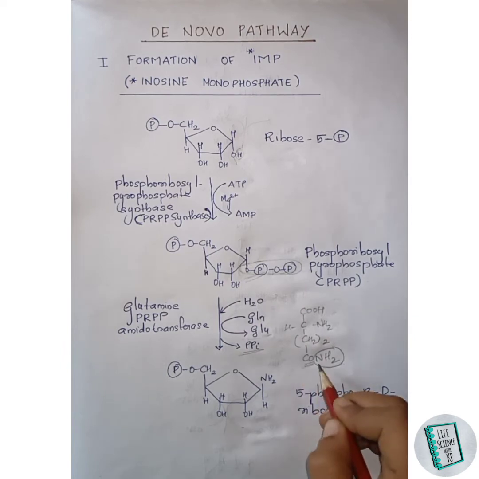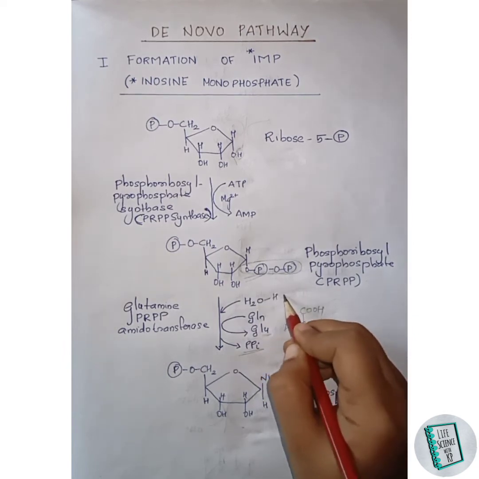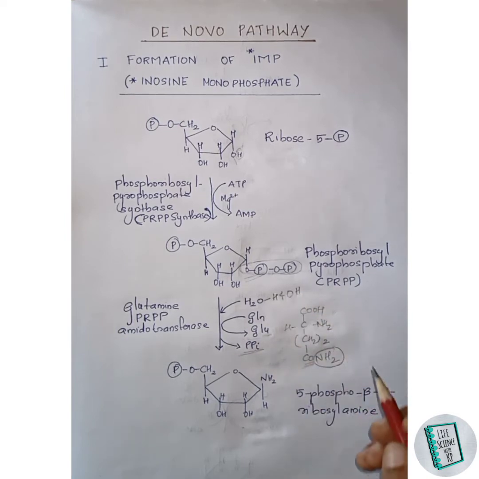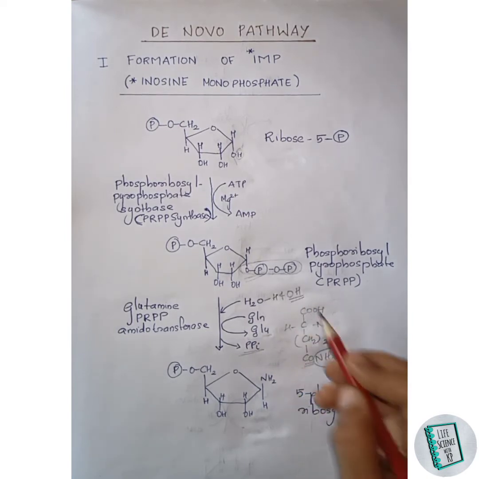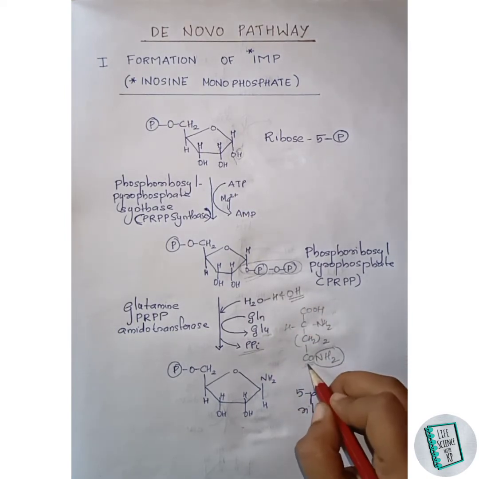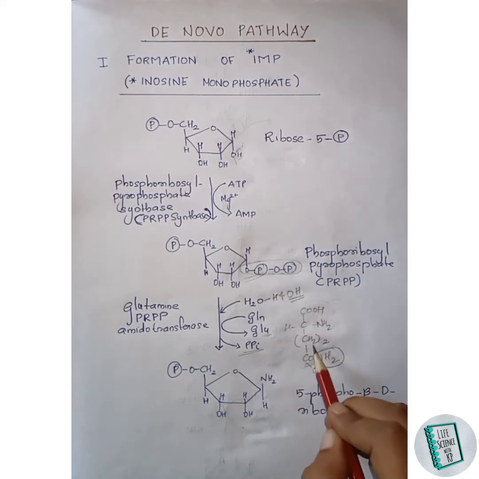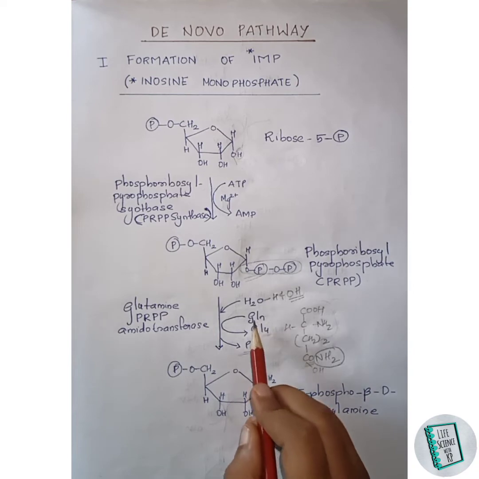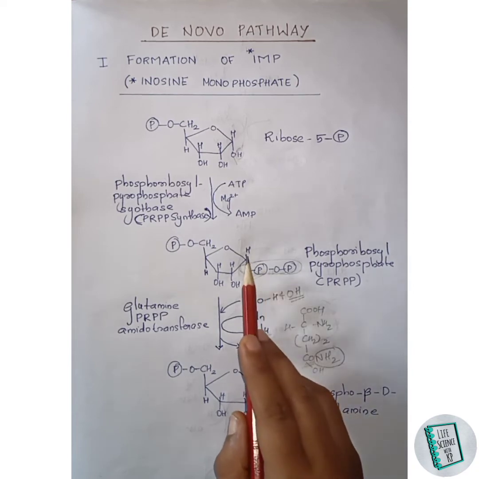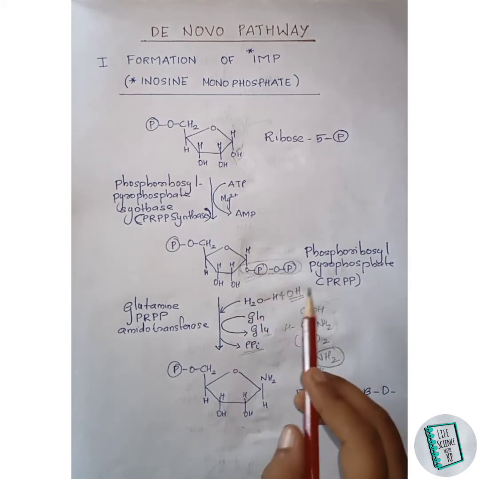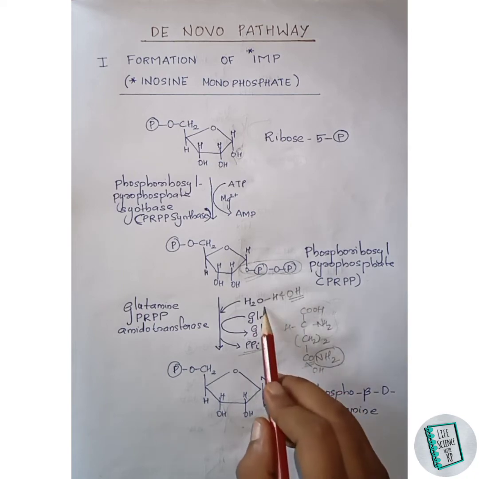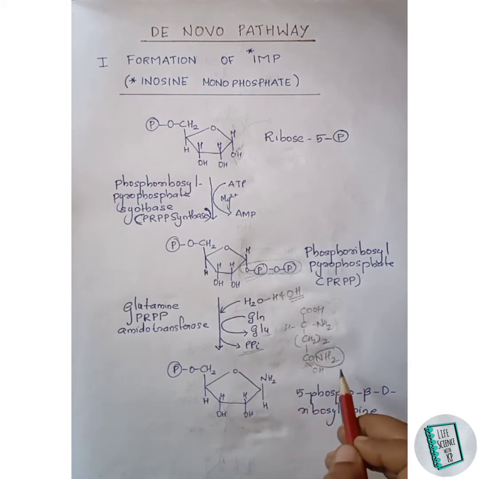this CO is left here. This water molecule, which can be written as H and OH, donates its OH group to this CO and forms an OH group there. Thus glutamate is formed. So this glutamine donates its amino group to this first carbon of PRPP and leaves as glutamate after the donation of the amido group.